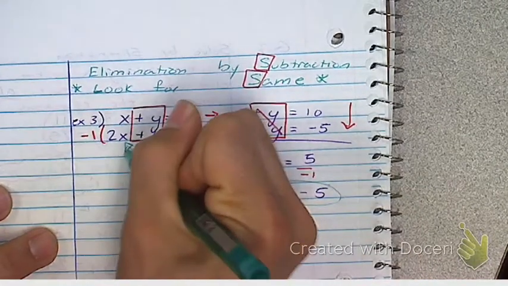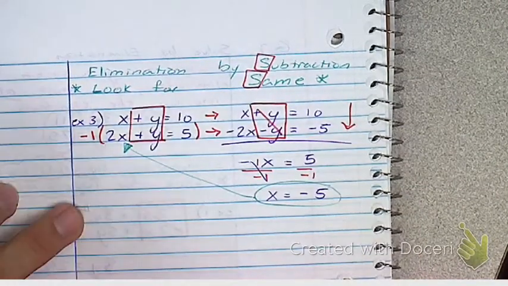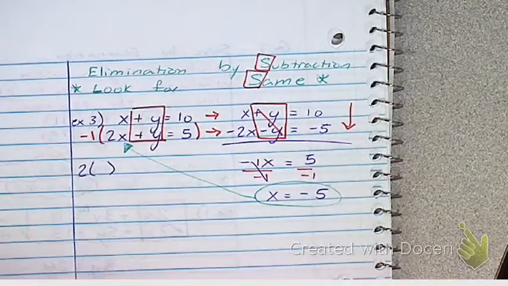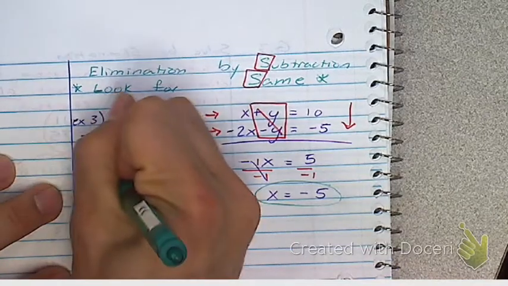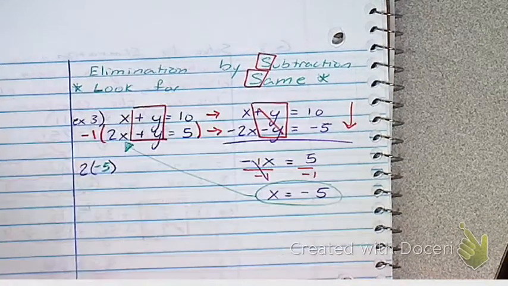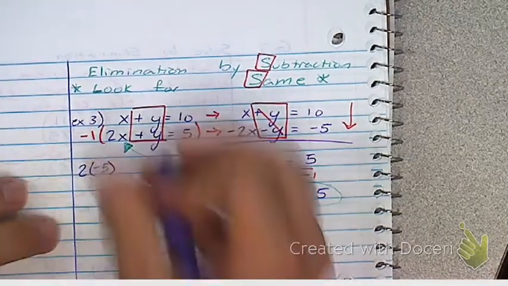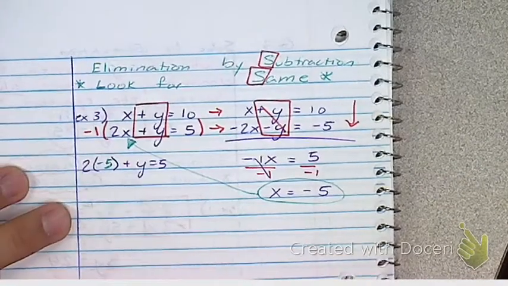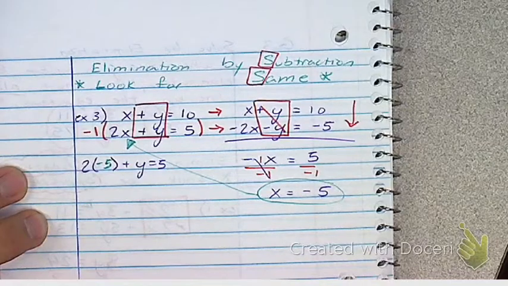Choose the bottom one this time. 2 times negative 5 plus y equals 5. What's 2 times negative 5?